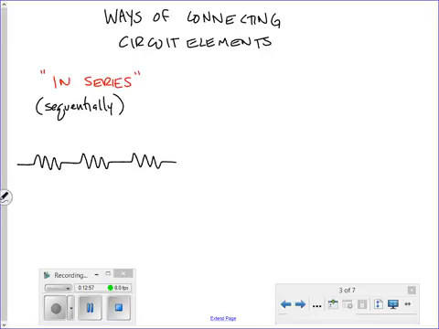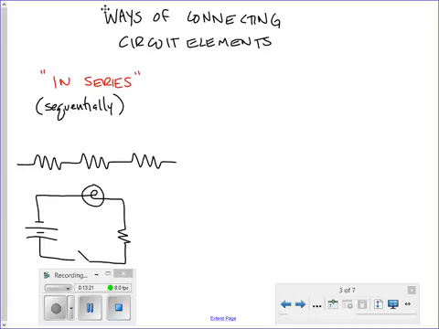Those are resistors connected in series. Here's a circuit with a battery and a light bulb and a resistor and a switch all connected in series, one after the other.